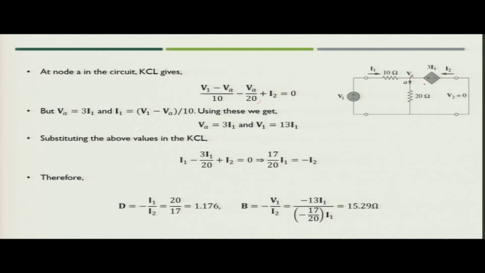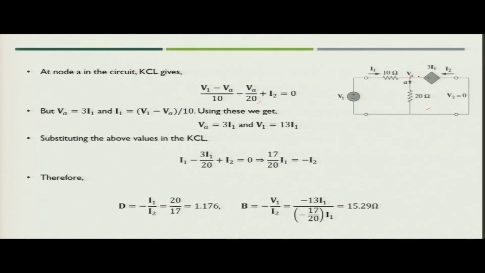Now, if you see this particular circuit, you can say that VA is equal to the voltage of the dependent voltage source, because this is the voltage which is applied across the 20 ohm resistance, and the voltage which is applied across 20 ohm resistance is nothing but VA.